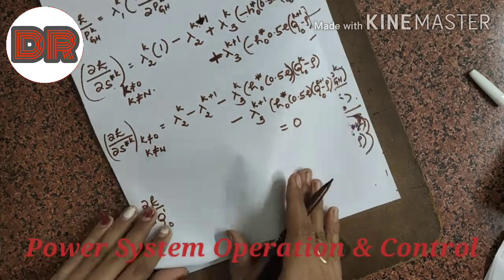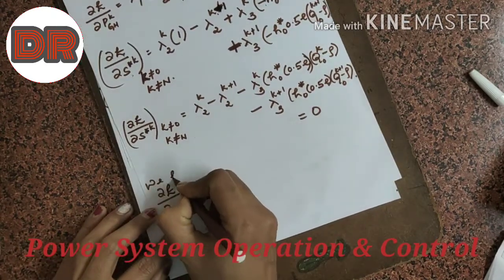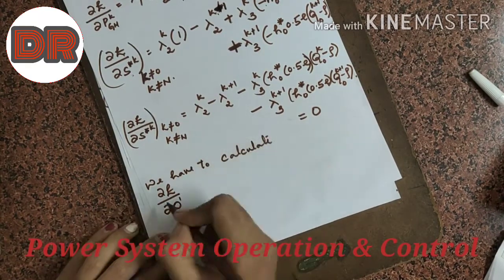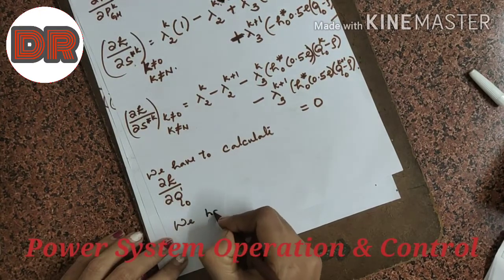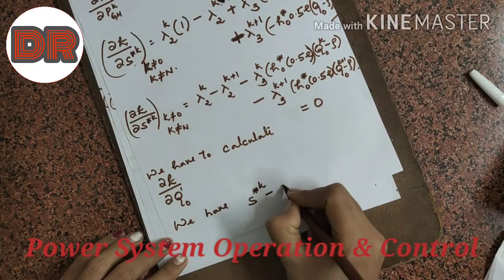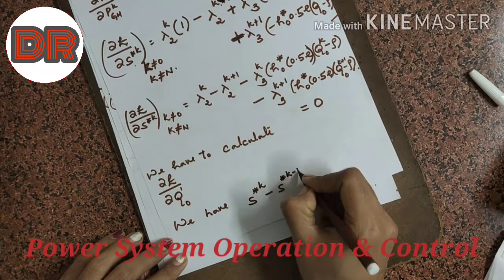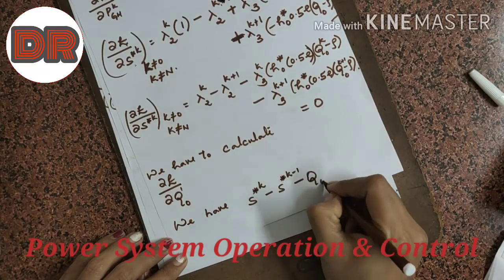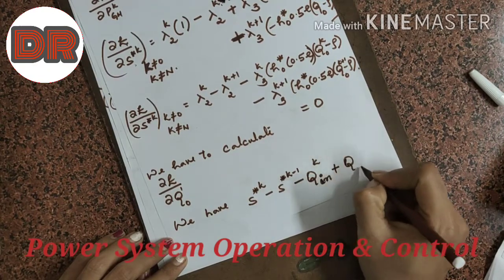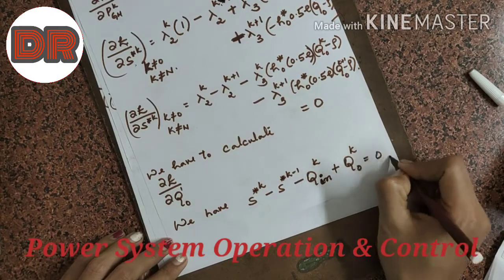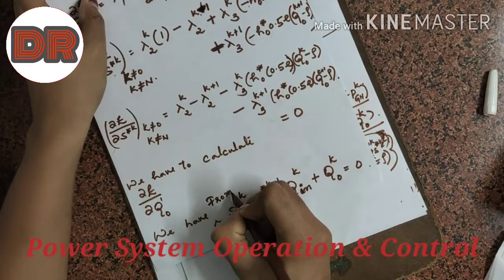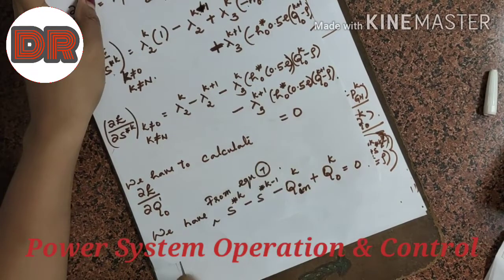From previous equations we have s star k minus s star k minus 1 minus q in k plus q naught k is equal to 0. We had this equation, we have seen this equation. So from equation 7 we have this.